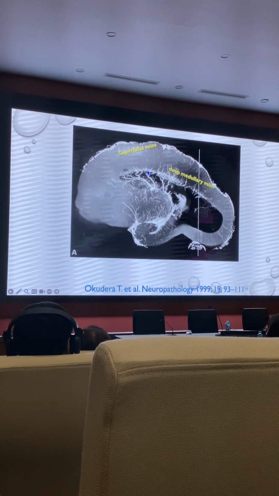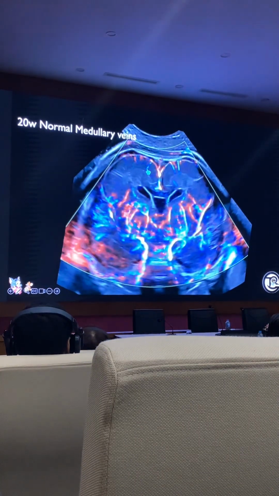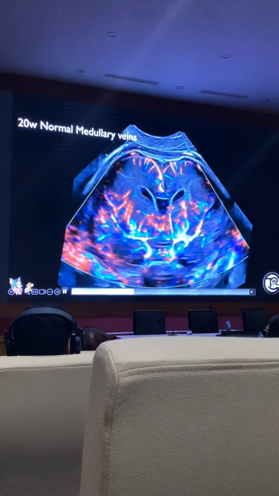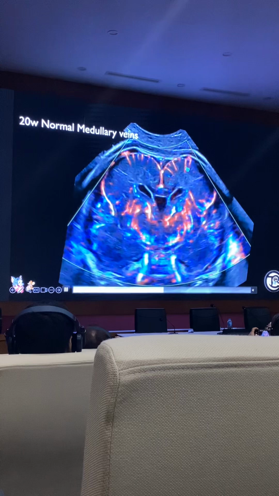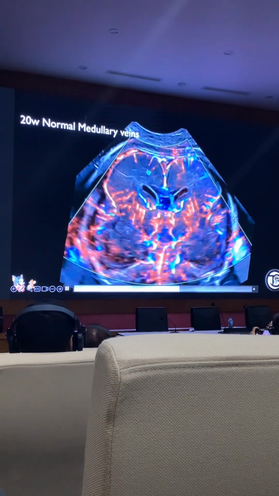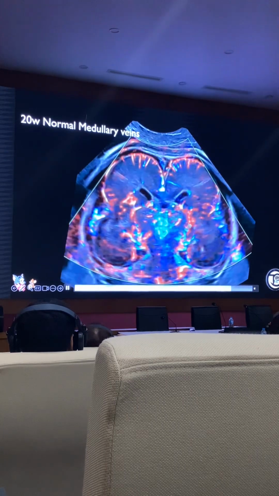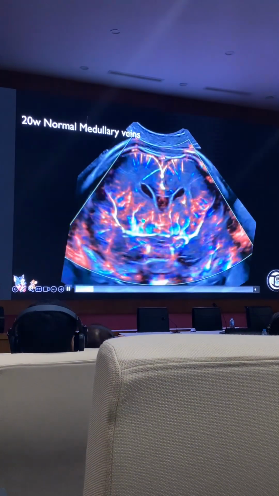And here you can see this is the medullary vein. Here you can see this is the medullary. Those are the medullary veins, and then those are the lenticulostriate arteries from the MCA, the medullary arteries.